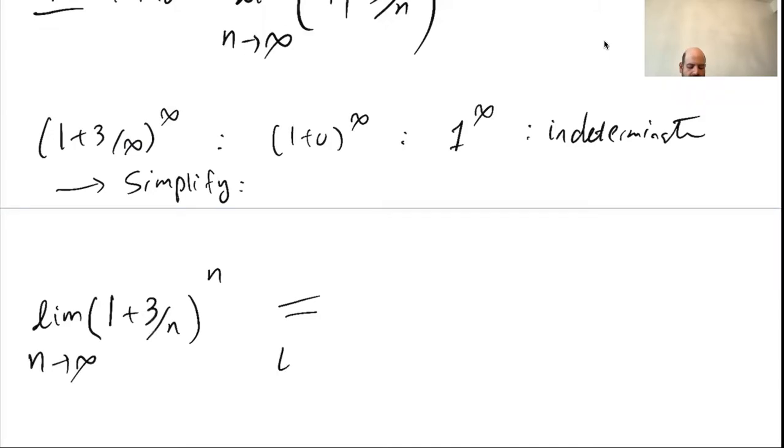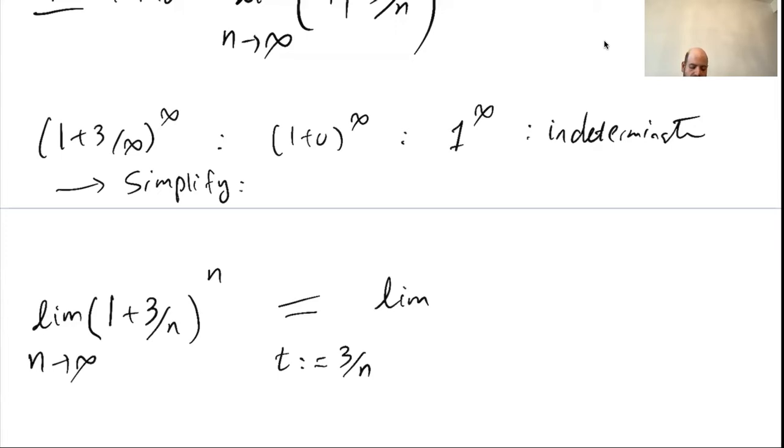If I define t to be 3 over n, then remember, when you want to calculate a limit using substitution, you have to rewrite everything in terms of the new variable. If you switch from n to t, you cannot have any n anymore in the new limit.